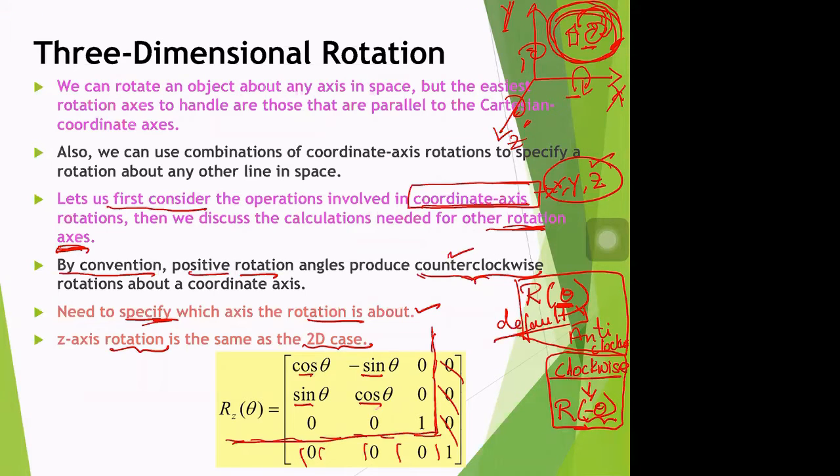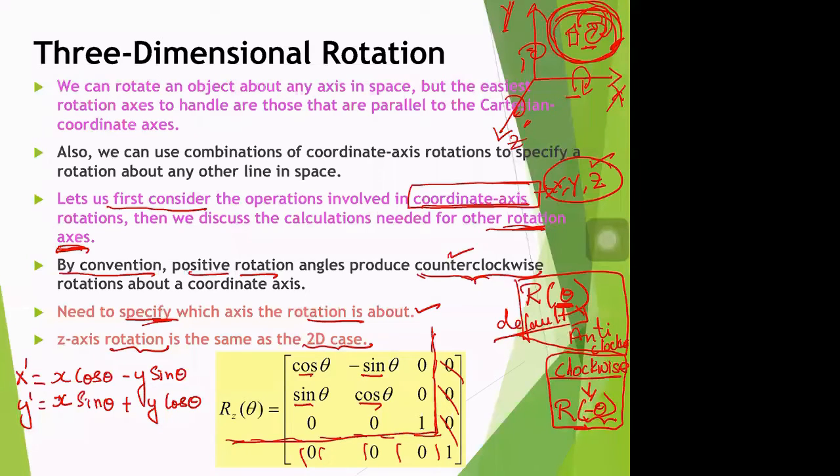So X dash was X cos theta minus Y sin theta, and Y dash was X sin theta plus Y cos theta.